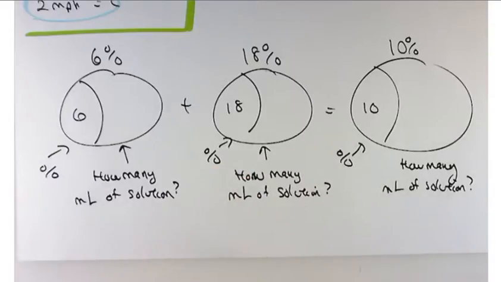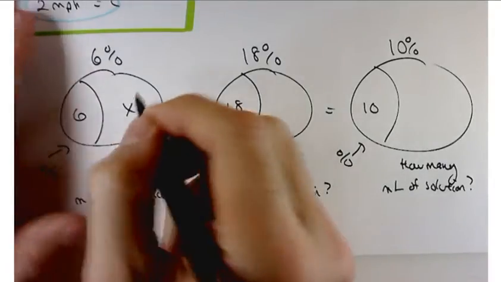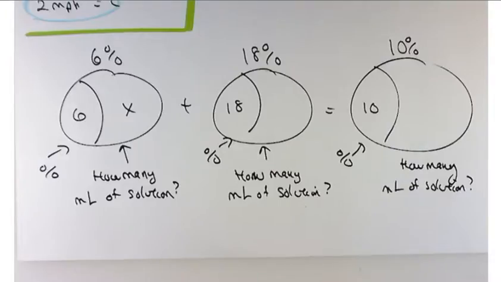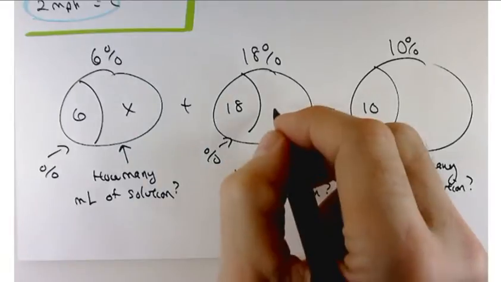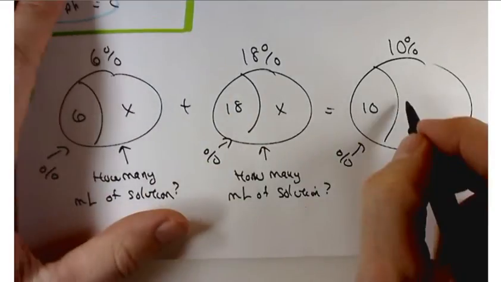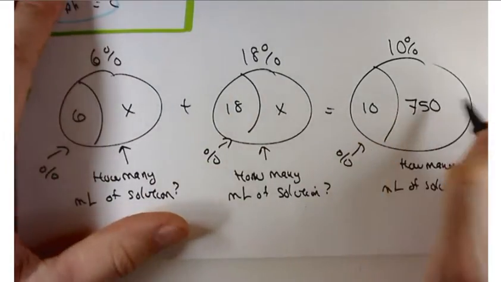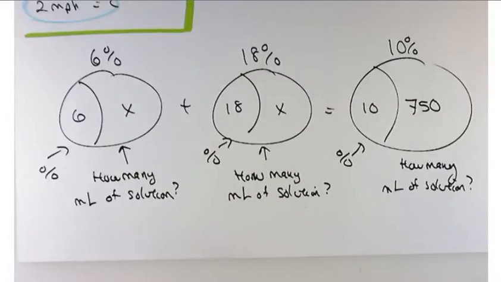Do we know how much 6% solution we're using? No. So I'm going to put an X here. Do I know how much 18% solution I'm using? No. But they tell us that we're going to end up with 750 milliliters of solution. That's how much we're going to end up with. That comes from the book.